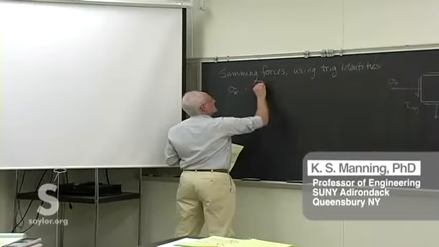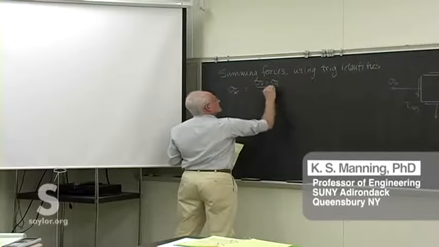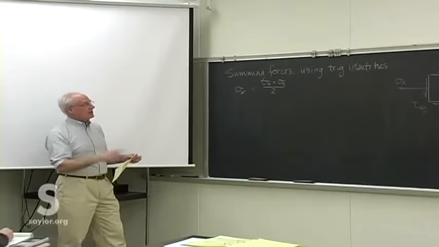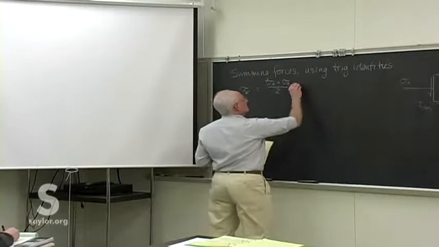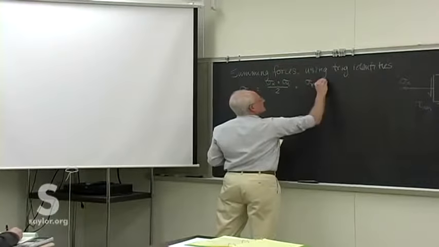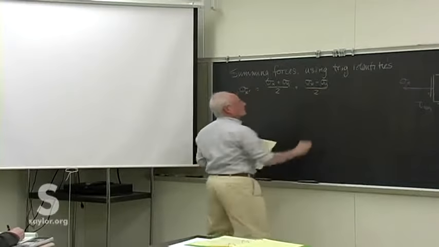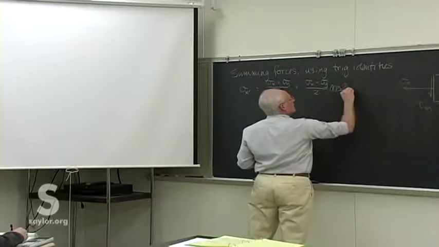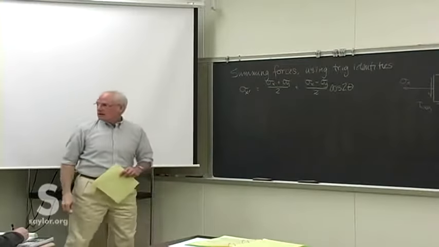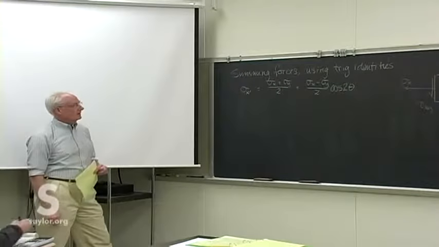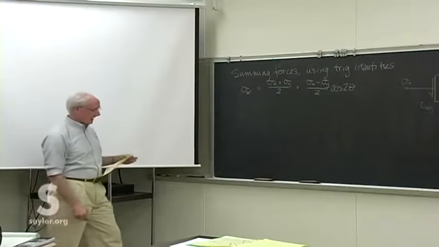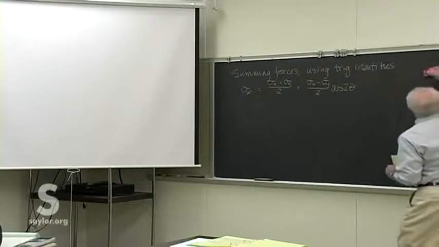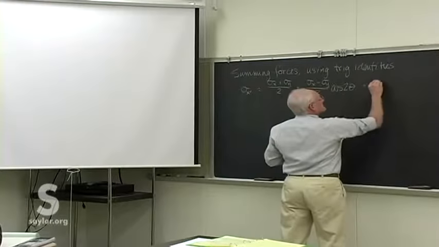So, sigma x prime is made up of several terms once we get finished. That actually turned out to be the average of the two original stresses, plus sigma x minus sigma y over 2 cosine 2 theta, twice the arbitrary angle of the new analysis direction, plus tau xy sine 2 theta.